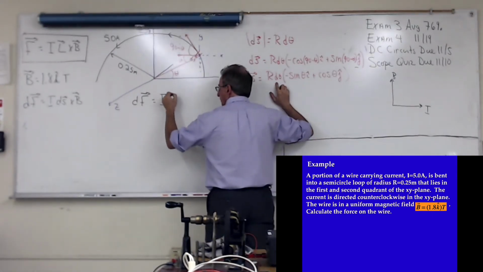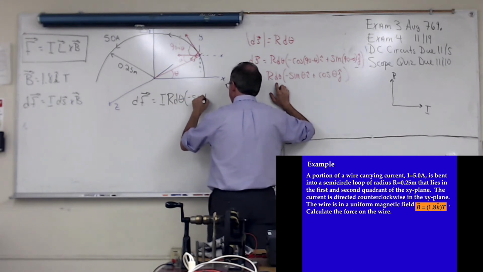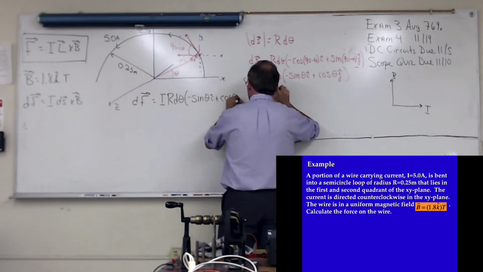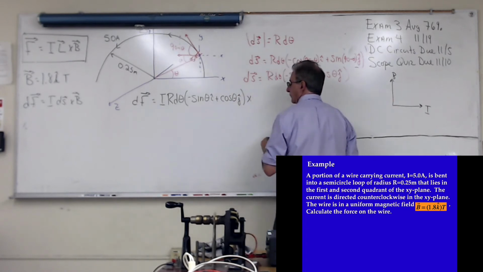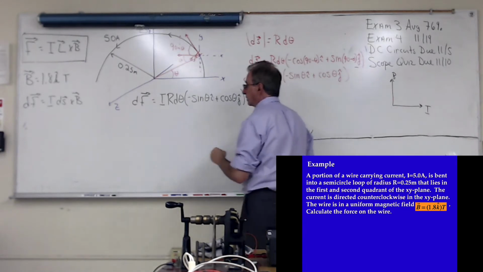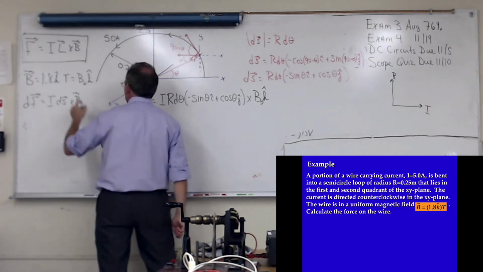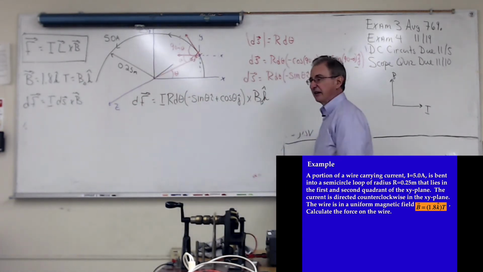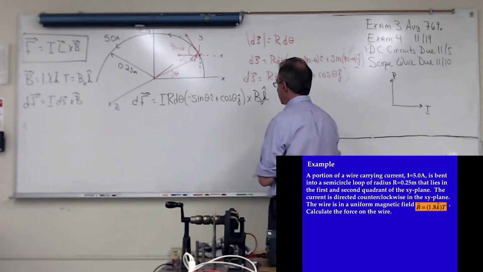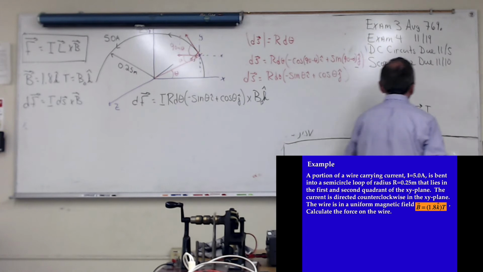Let me put this here. I'll do the following. I'll let B naught equal 1.8. Okay, I'll put the numbers in later. All right, so I got to work this cross product out first. I'm going to draw a coordinate system.